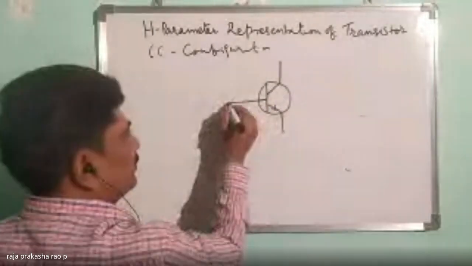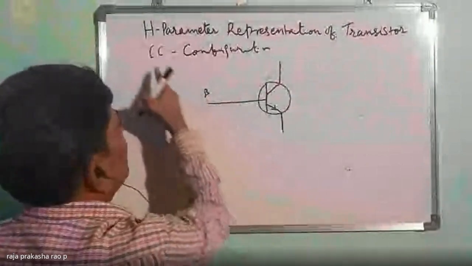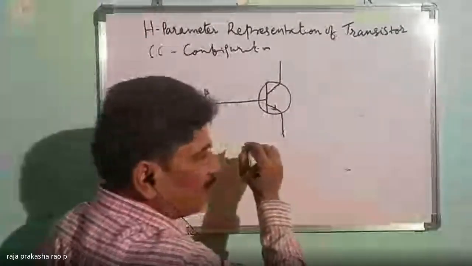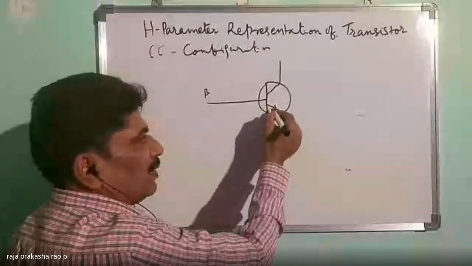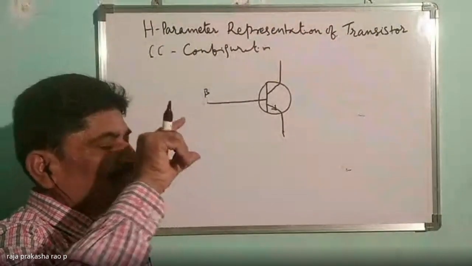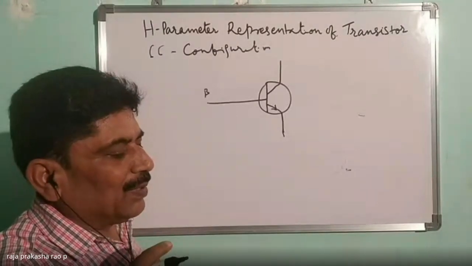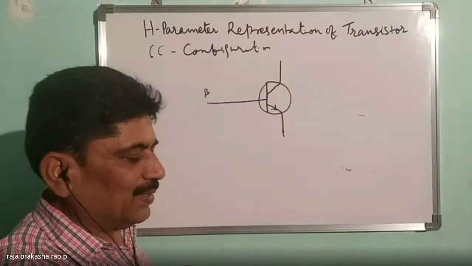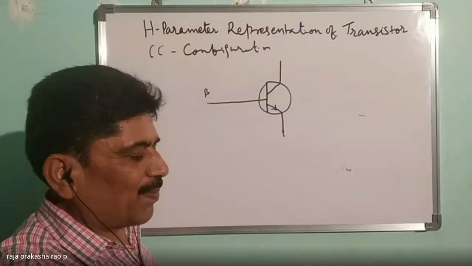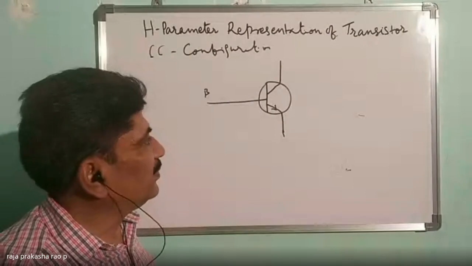This is the common collector. The arrow mark indicates whether it is NPN or PNP. And that arrow mark is placed between the base and the emitter, right? This is the emitter.